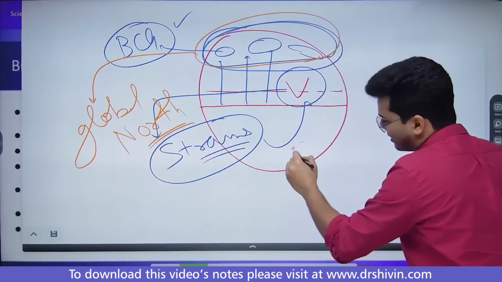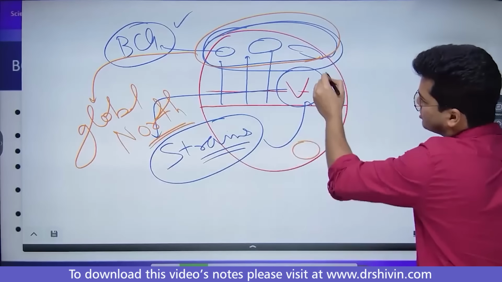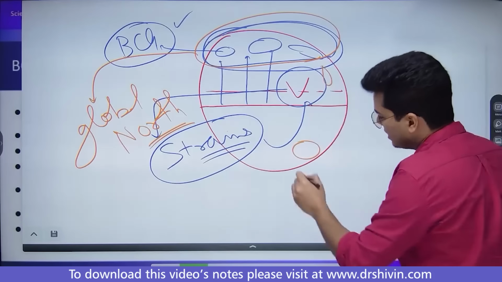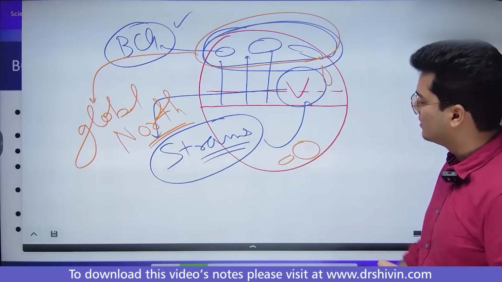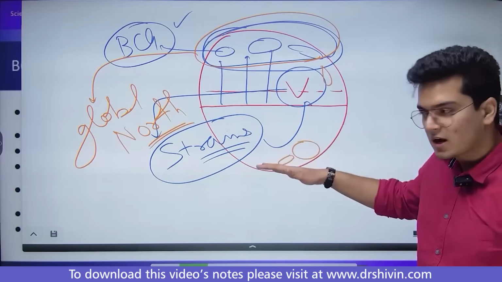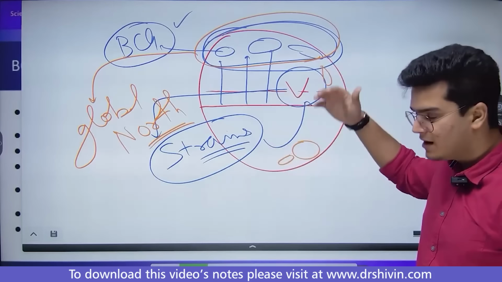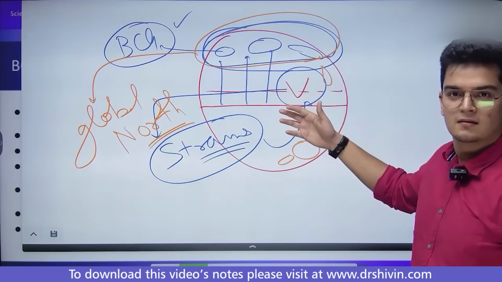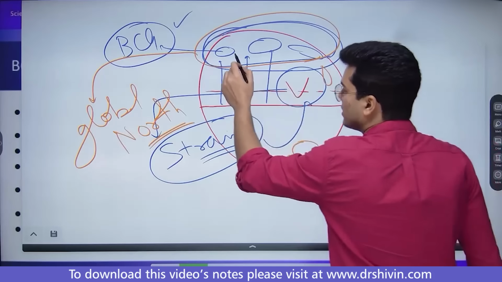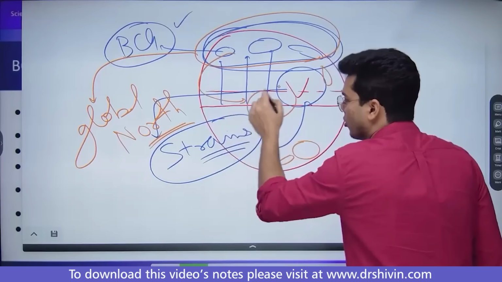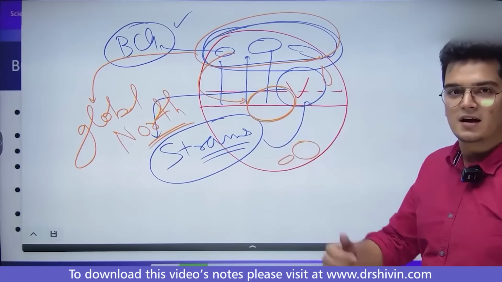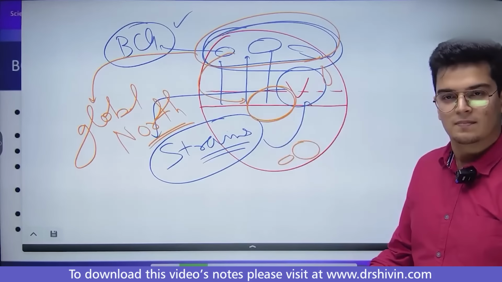Even Australia is part of the global north. Even Japan is part of the global north. Even New Zealand is part of the global north. Why? Because these are countries that are rich, developed, industrialized, and they do not care about the interests of countries here which are developing or least developed.